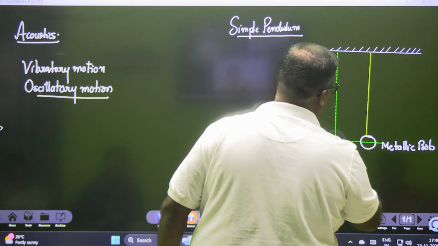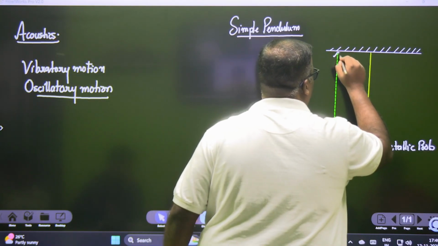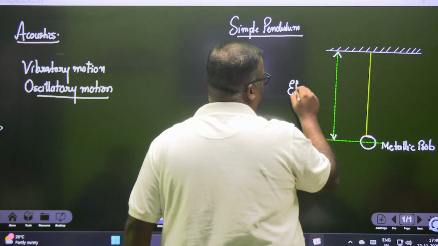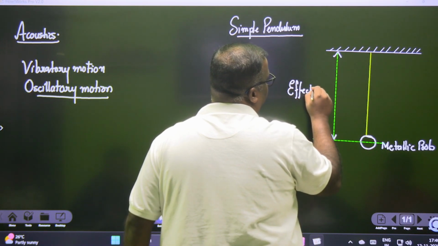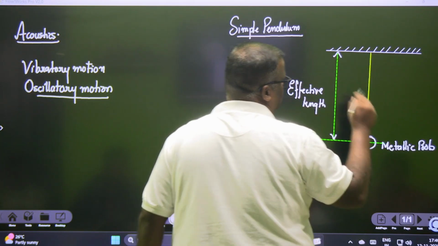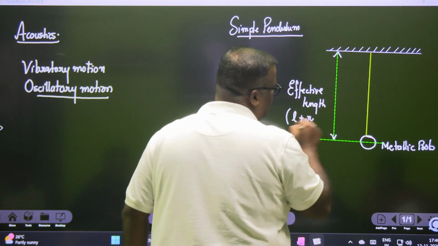When you go for higher classes or 11, your basics should be clear. We call it the effective length. Effective length will always be the length of the string plus the radius of the bob.